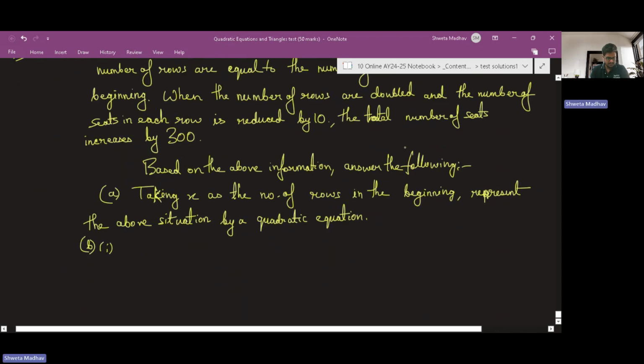Then in B part 1 it is given: how many rows are there in the original arrangement?